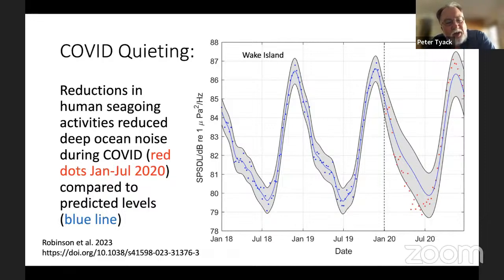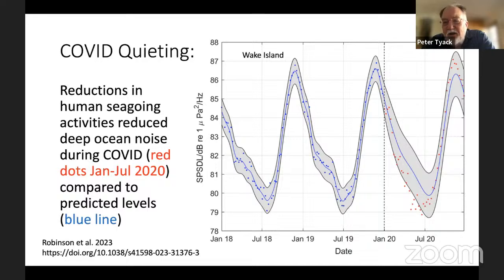Stephen Robinson's group in the UK has done a really interesting analysis trying to predict these changes in sound levels from these sites. And what they did was, here you can see a figure. The blue dots mark the measurements and the predictions of the noise levels from January 2018 through the end of 2020. The red dots on the right of the figure show the start of COVID. And in January 2020, the dots pretty much fit the expected levels based upon the previous data.